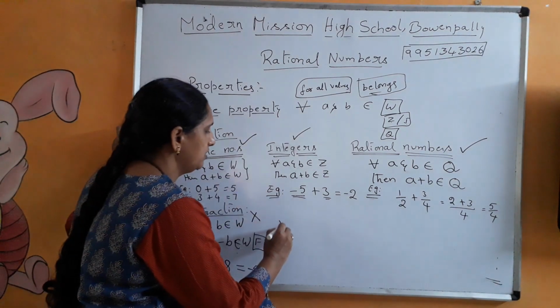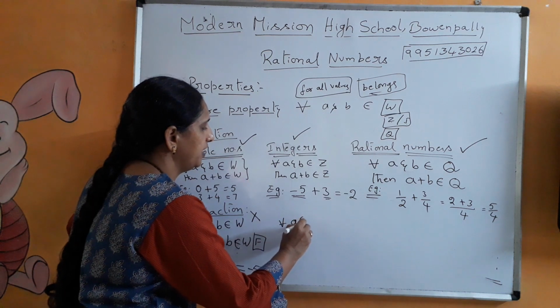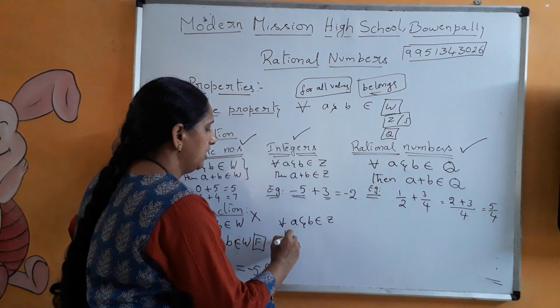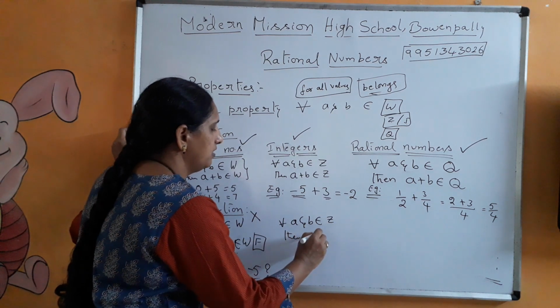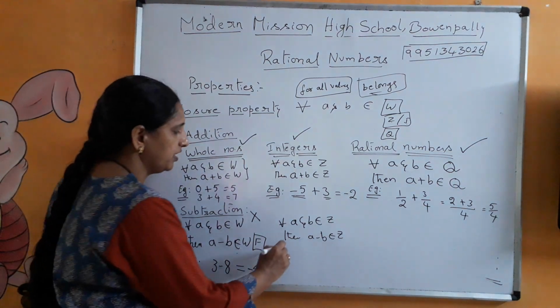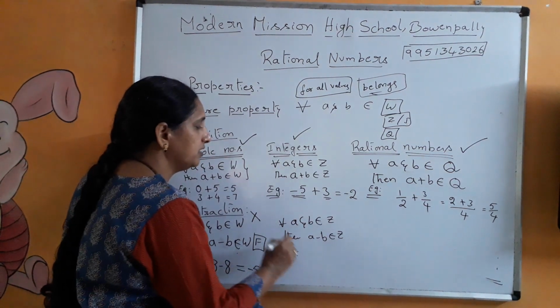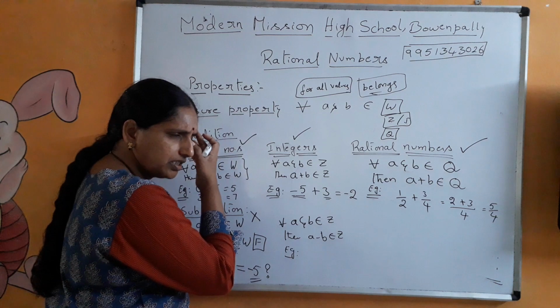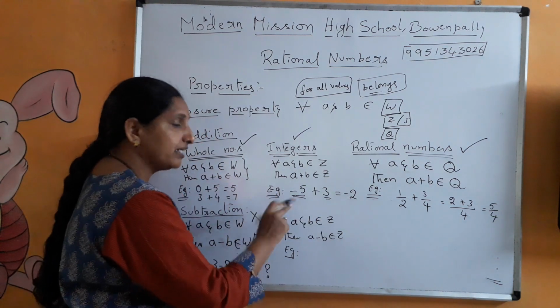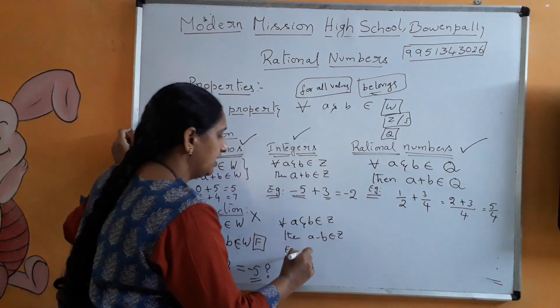Same statement: for all values of A and B belonging to integers, A minus B also belongs to integers. So you have to take an example with two integers here. I will take two negative integers only.